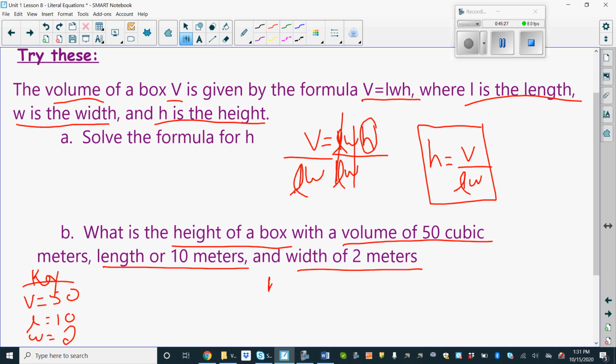So I write H equals V over LW. Now you substitute in. H equals V is 50 divided by L is 10, W is 2. So go ahead, substitute that into your calculator, and you get H equals 2.5 meters.